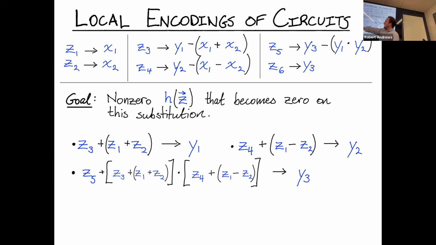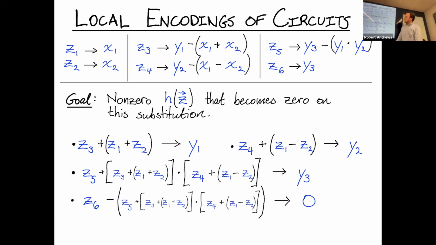This becomes y1, this becomes y2, so you get y3 minus y1 y2, plus y1 times y2. The whole thing simplifies to y3. And now we're home free, because if you look at z6 minus this, how does it behave on this substitution? z6 becomes y3, and so does this. So it becomes 0.